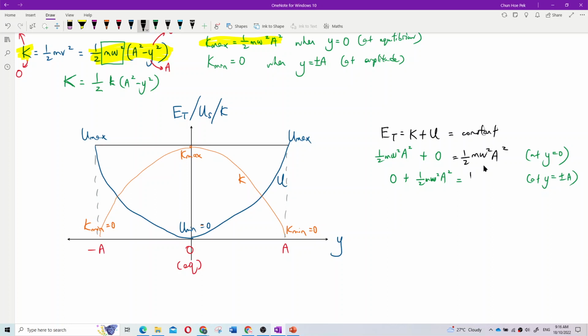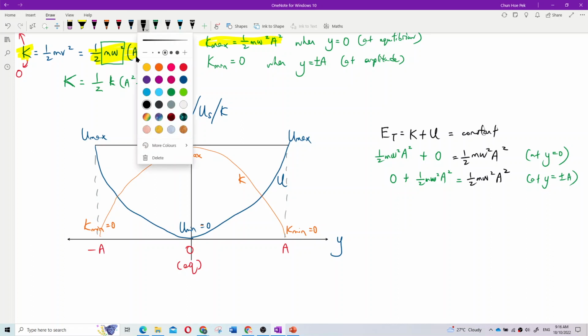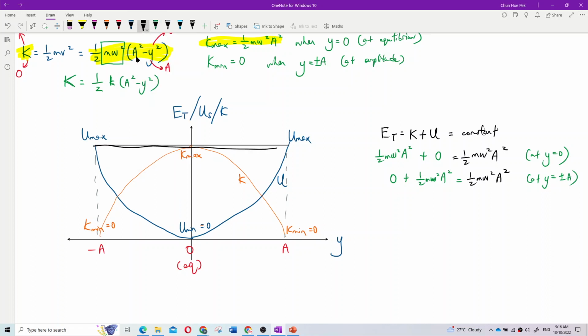So the total energy is still half m omega square A square. So this line is the total energy line, and the value for this one is half m omega square A square. Understand?